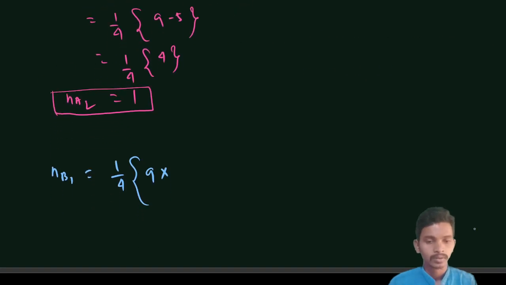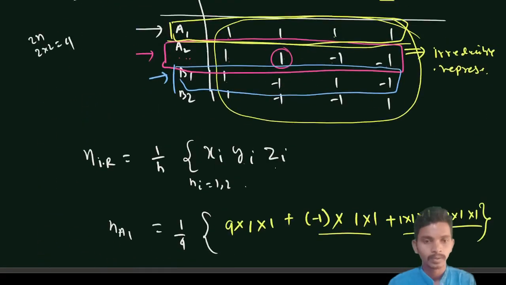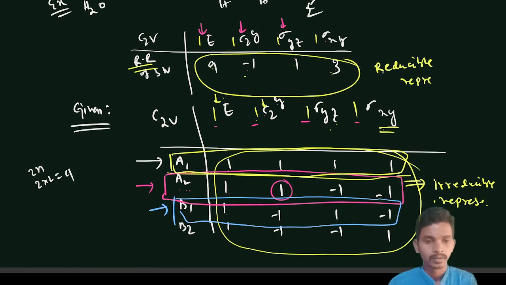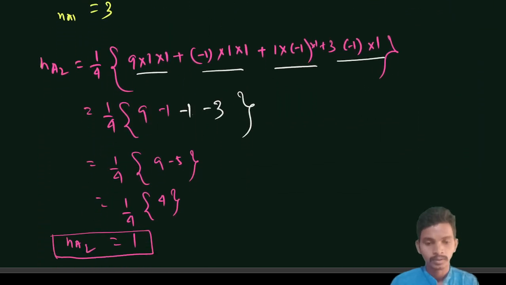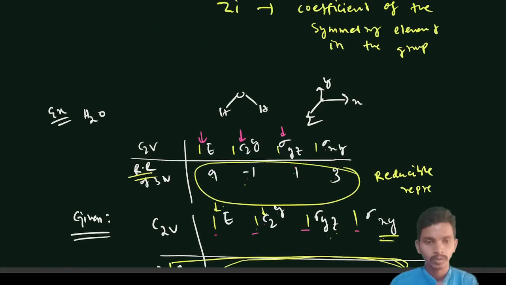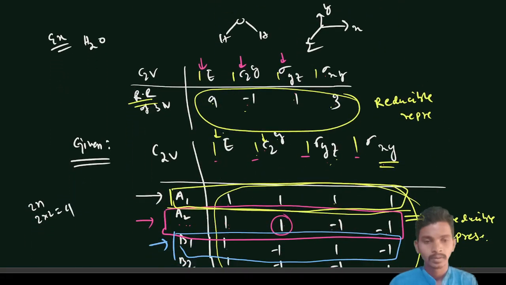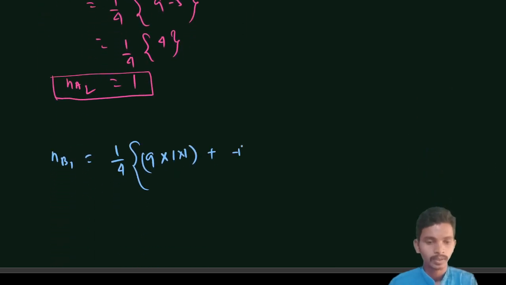So now I will put 1 and the coefficient is 1, plus. After that again you will go here, this one, sorry, yes. Now we'll go for the next, this one, that is minus 1. So I will put minus 1.